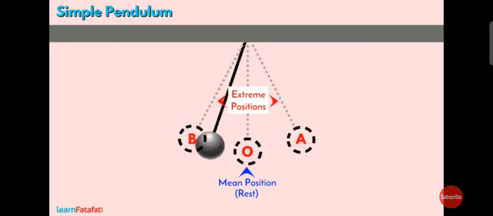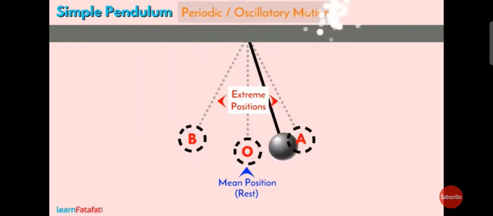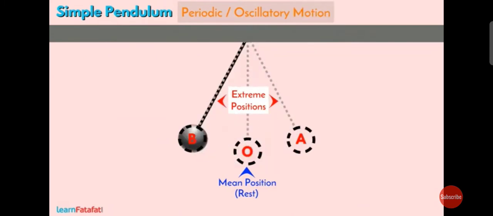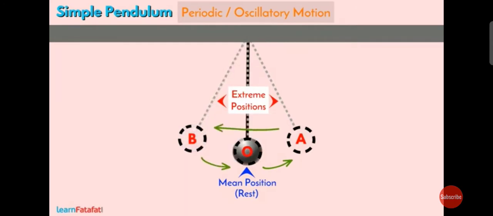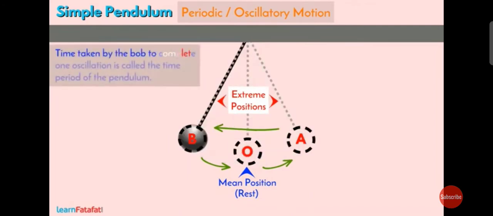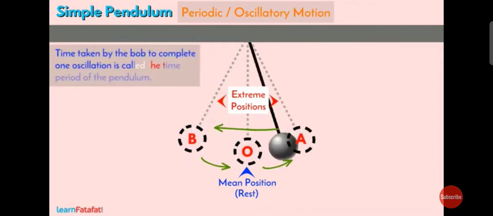Such motion is said to be periodic or oscillatory motion. The bob completes one oscillation when it moves from the mean position, goes to one of the extreme positions and then to the other extreme position and returns to the mean position again. The time taken by the bob to complete one oscillation is called the time period of the pendulum.